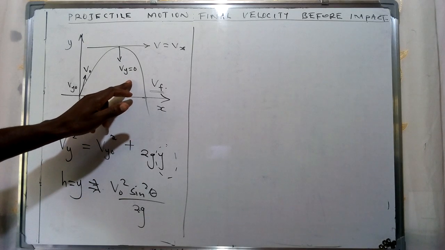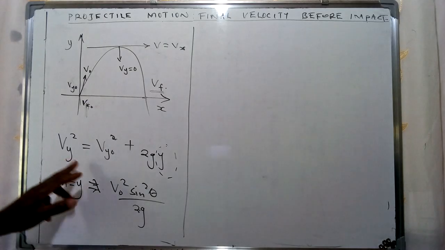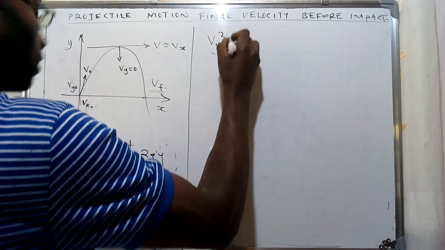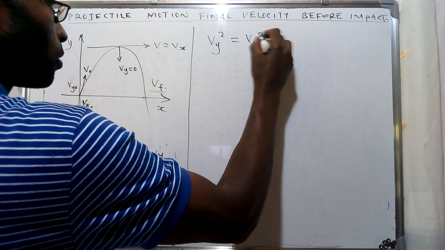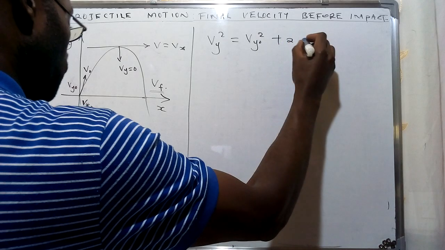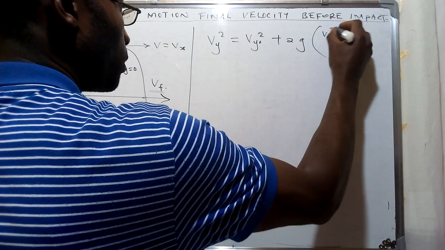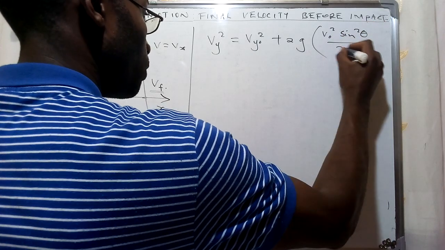So we take those two considerations, and in doing the substitution in this first case, we have vy squared equivalent to vy naught squared plus 2g, and then we substitute v naught squared sine squared of beta all over 2g.